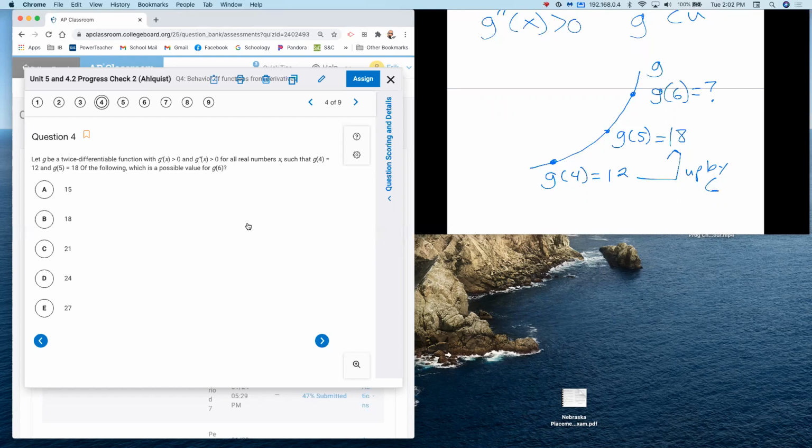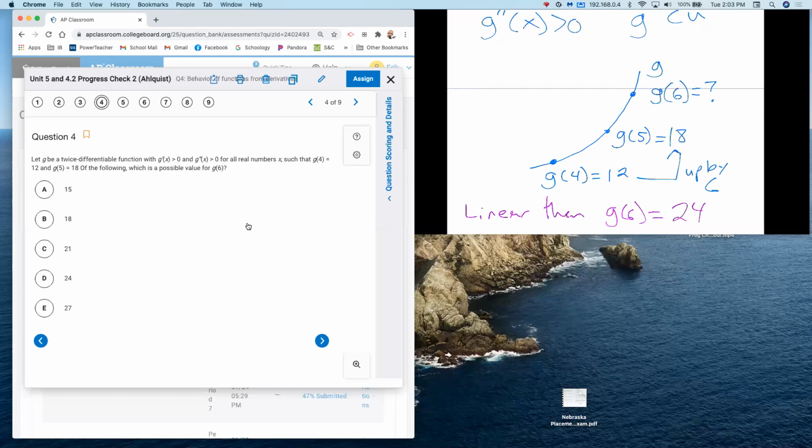So if we knew that this was linear, then g of 6 would equal 24. Does everybody understand that? If it was linear, g of 6 would be 24. But it's not linear. In fact, it's concave up also.